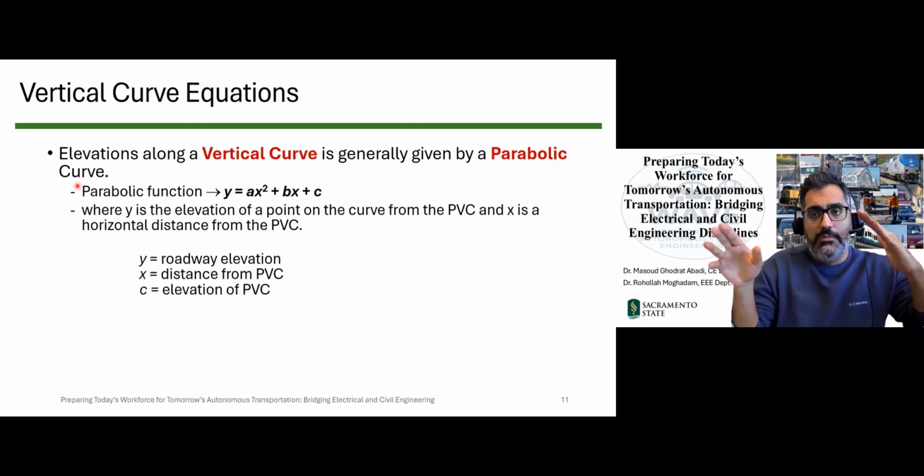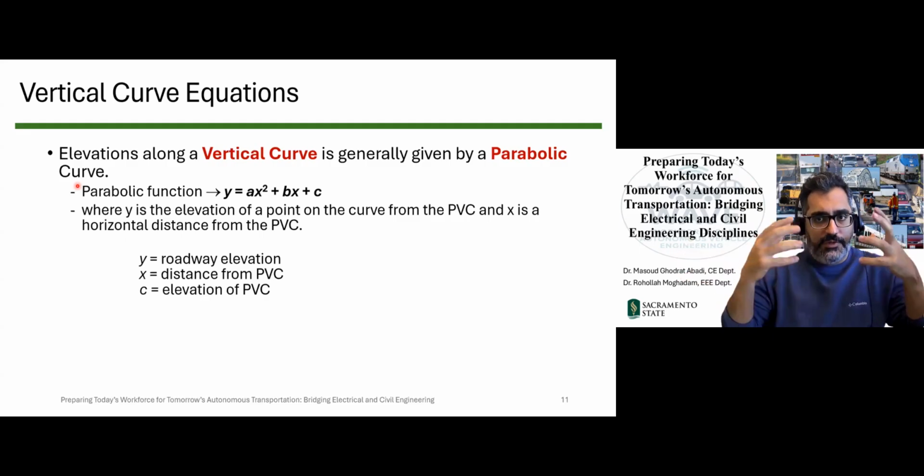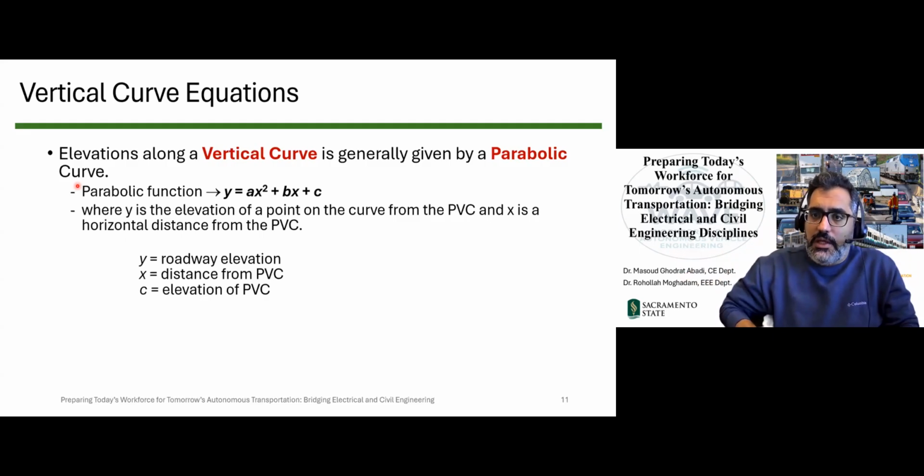We use parabolic curves because of that safety and efficiency that we talked about earlier. Now, the parabolic function is y equals ax squared plus bx plus c. So we have to be able to define this equation for every one of the curves that we have, which means that I have to find a, I have to find b, and I have to find c.